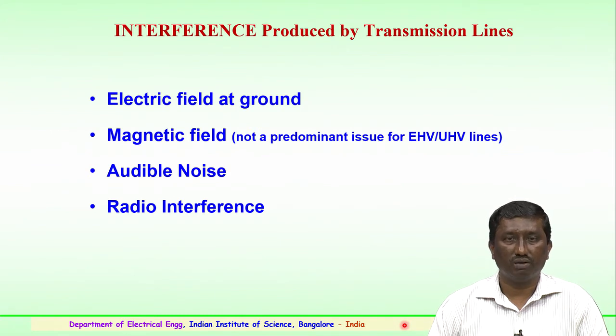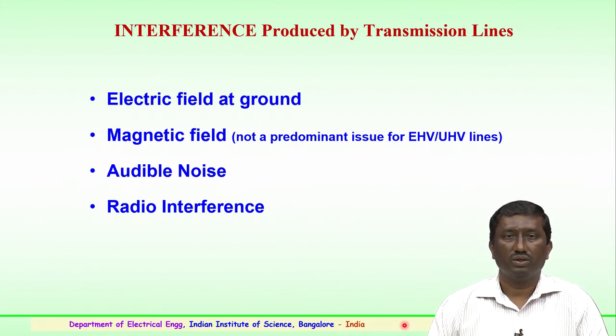Then the radio interference should not cause interference with radio communication or television. These have to be contained, and the conductor used for transmission has to adhere to the required norms, that is internationally specified values, for the noise levels which it should not exceed before it is used in the transmission.